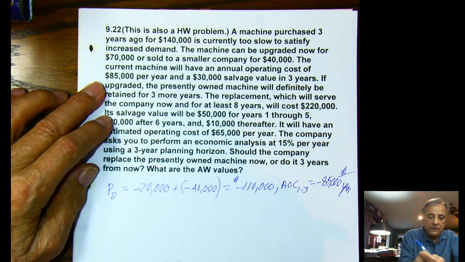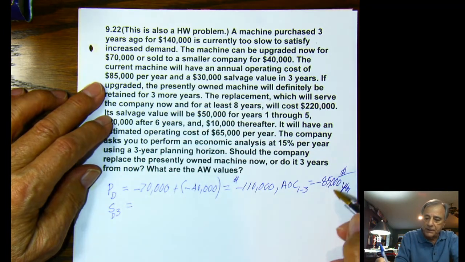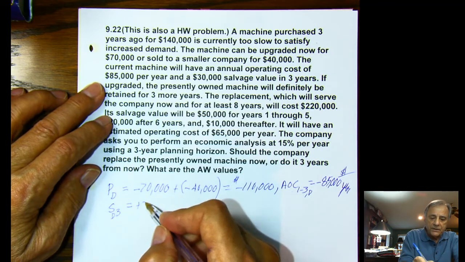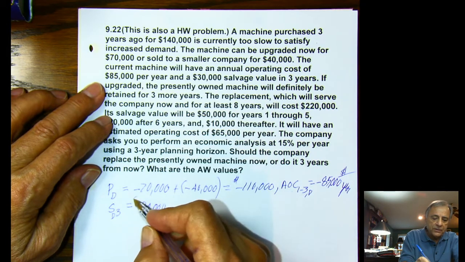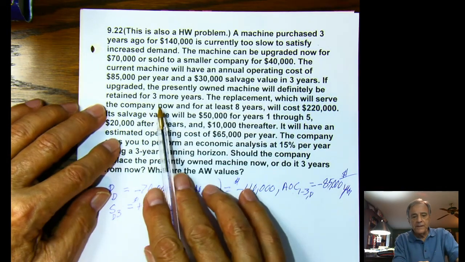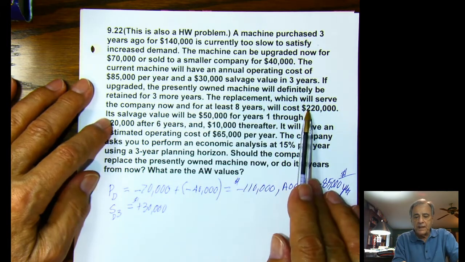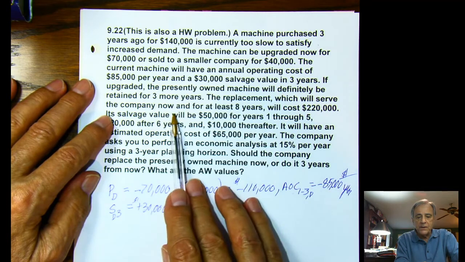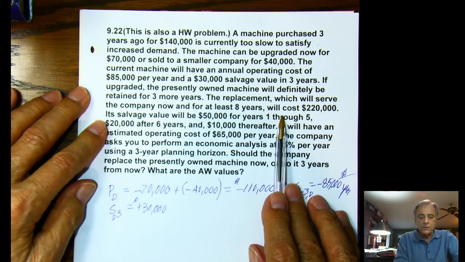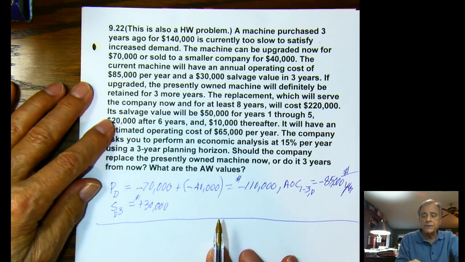And then the salvage value, call it S3 of the Defender, is plus $30,000. And this is just dollars. Okay. If retained for 3 more years, the replacement will serve the company now and for at least 8 years. Okay. So that's the Challenger. So let's see what the deal on the Challenger is.